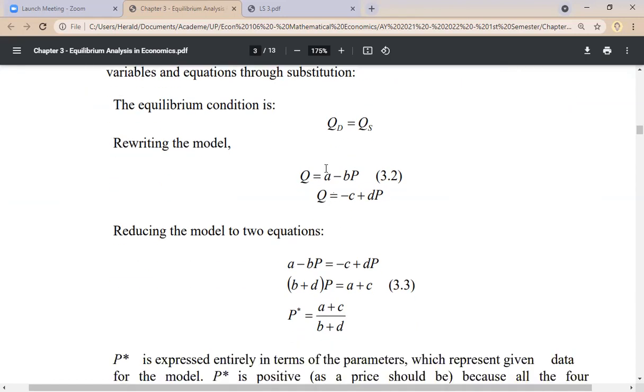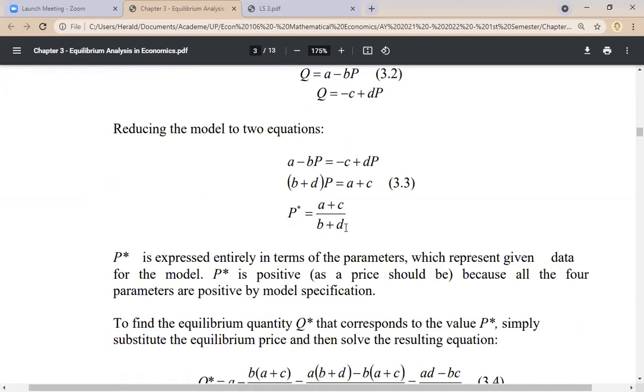Rewriting the model, we have Q equal to A minus BP, and also Q equal to negative C plus DP. We will need to reduce the model to one equation, which is equating the two.